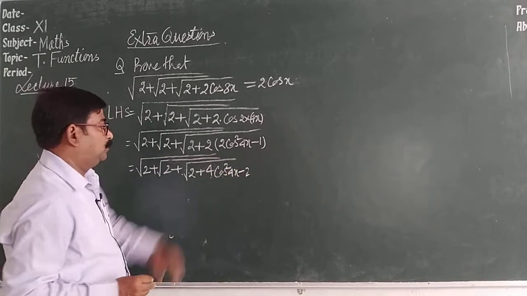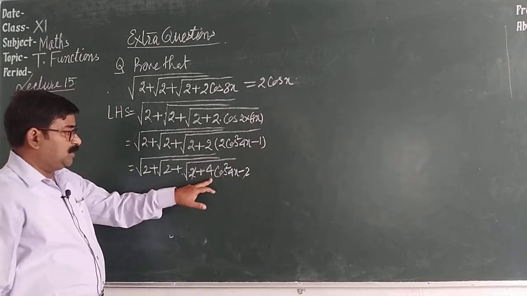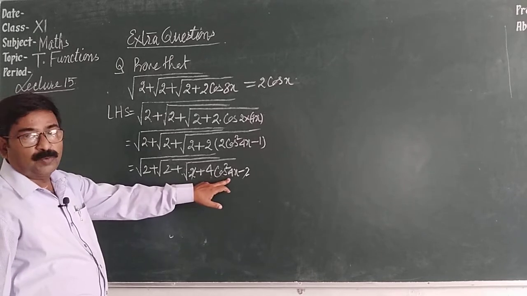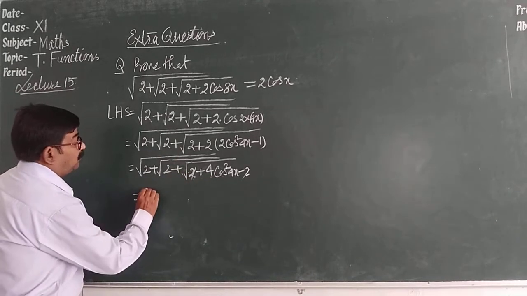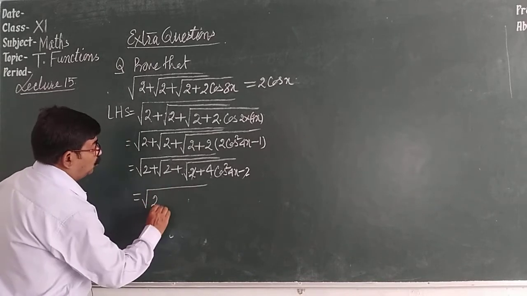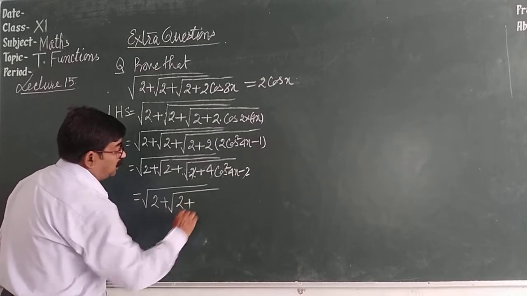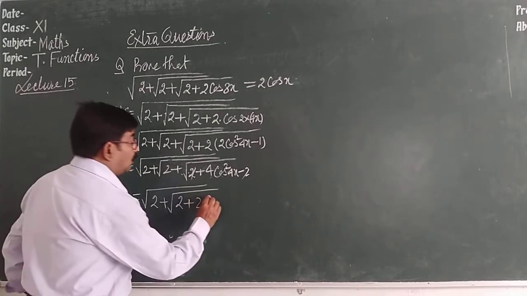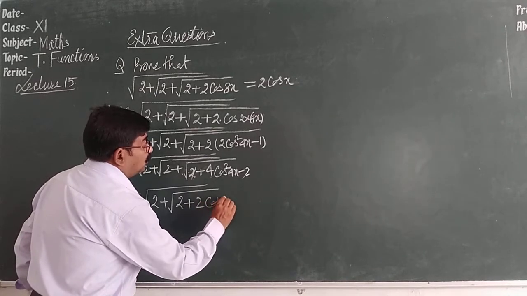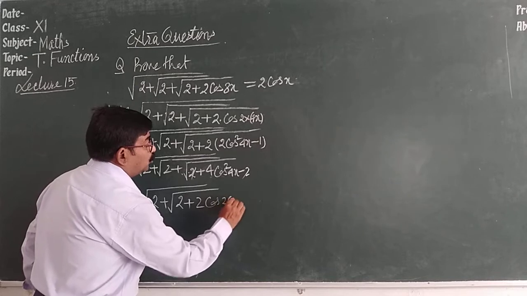Multiply this by 2. This 2 and 2 will go. Its square root is 2 cos 4x. One root will be removed. So we have under root 2 plus under root 2 plus 2 cos 4x. So we can write 2 into 2x.